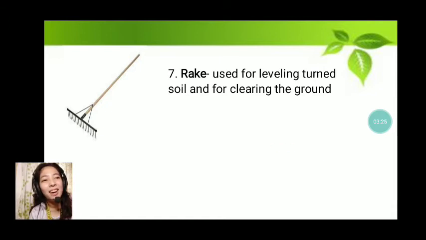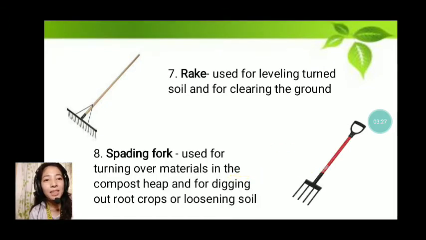The next, we have the spading fork. So what is the use of the spading fork? It is used for turning over materials in the compost heap and for digging out root crops or loosening the soil. So spading fork has a lot of uses.